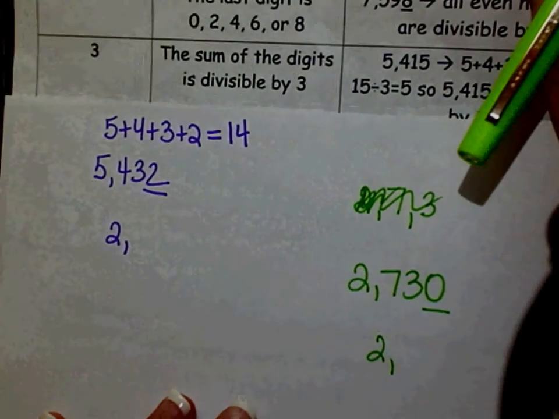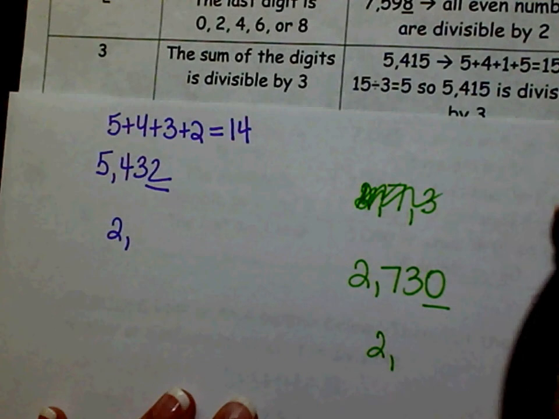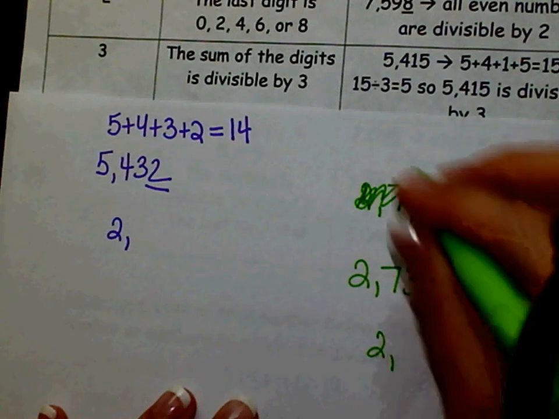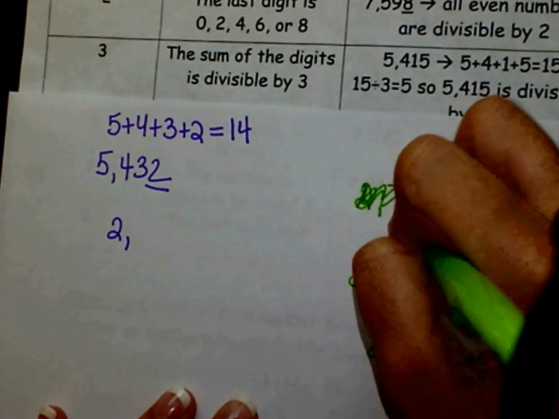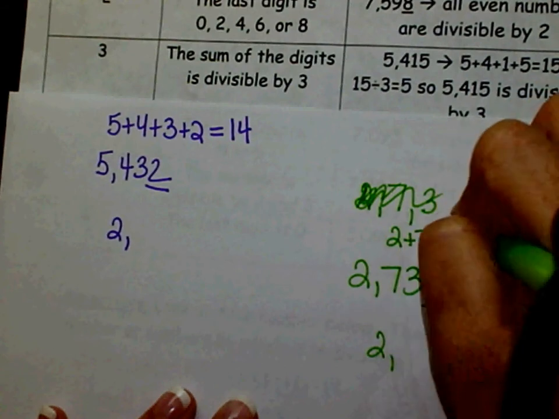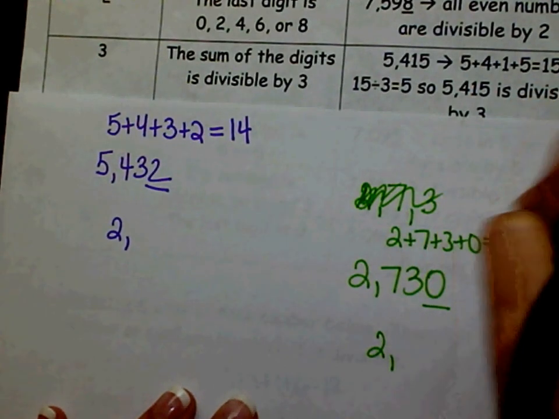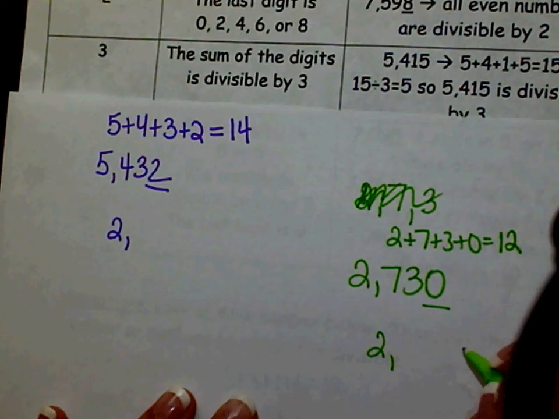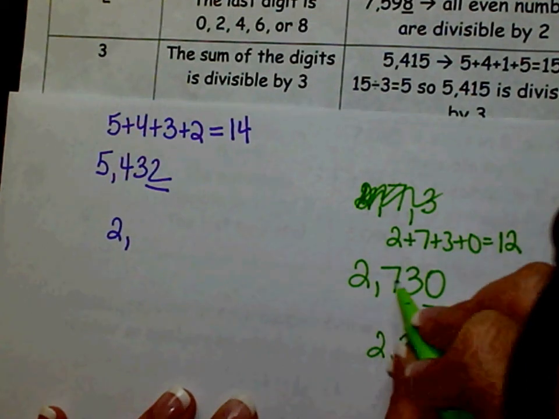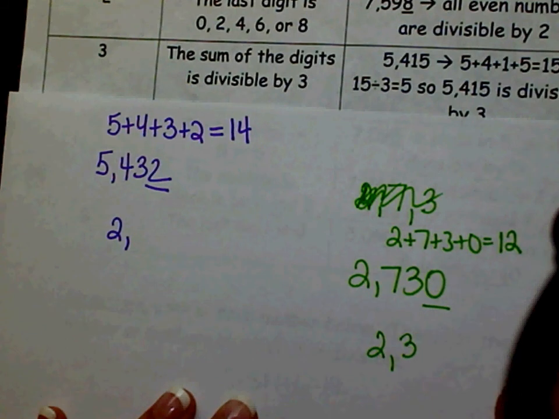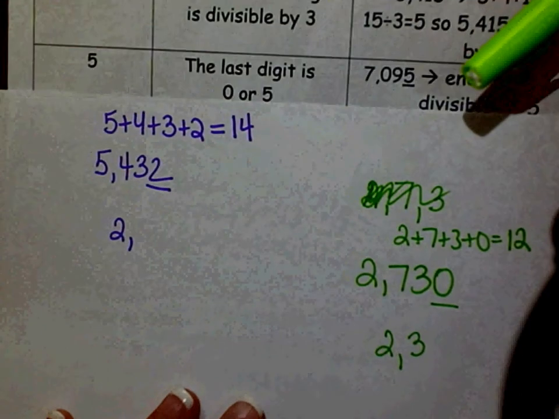Rule for 3 says the sum of the digits is divisible by 3. Let's add them up. 2 plus 7 plus 3 plus 0. Well, 2 plus 7 is 9, plus 3 is 12, plus 0 is still 12. 12 is divisible by 3, so the number 2,730 is divisible by 3. 5 says the last digit is 0 or 5.